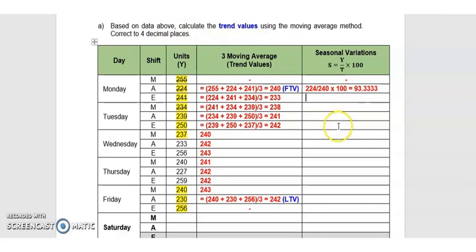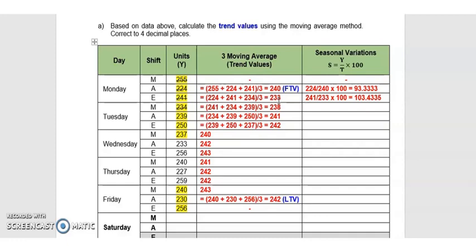Second seasonal variation, Y divided by T. Y is 241 divided by T 233, then multiply by 100, equal to 103.4335.